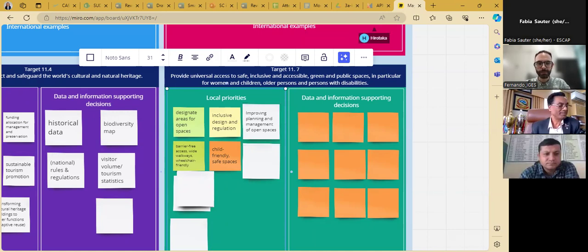So I think we have 1 more minute. If someone else wants to elaborate. Also, our municipality is providing urban parks and gardens. We are also managing senior-friendly clubs. We provide open space for elderly people and children, and friendly clubs.